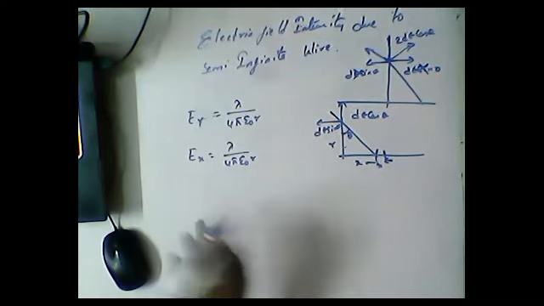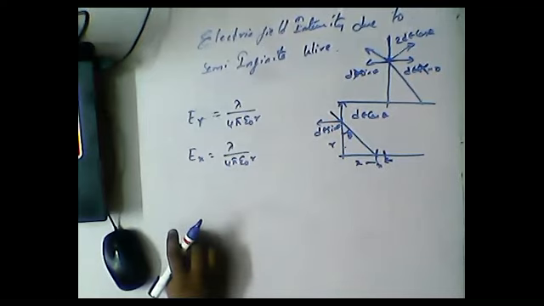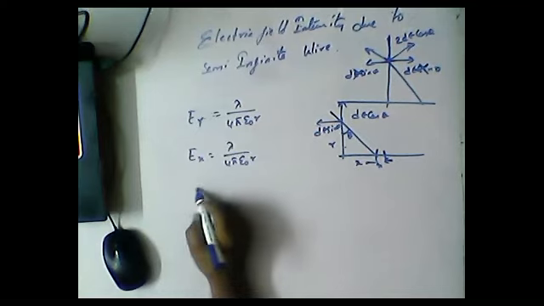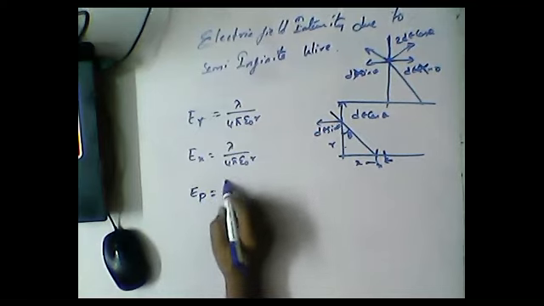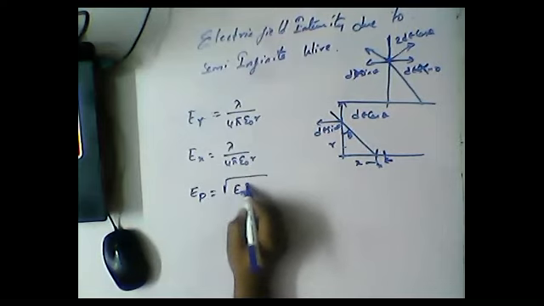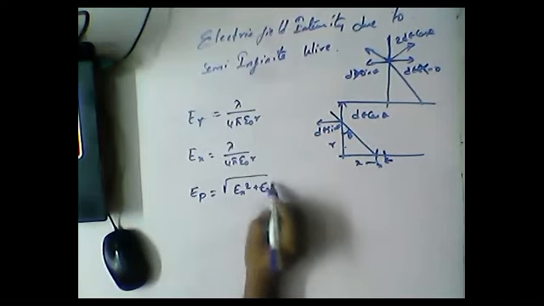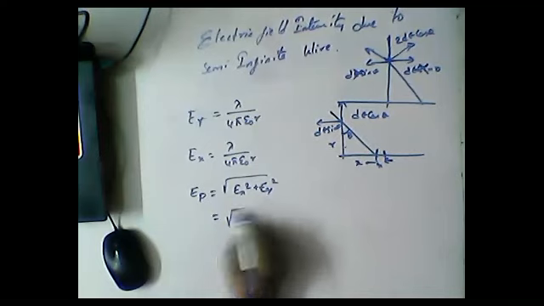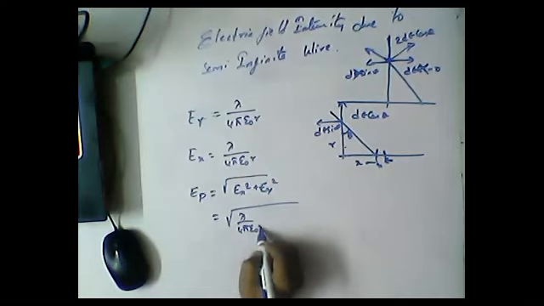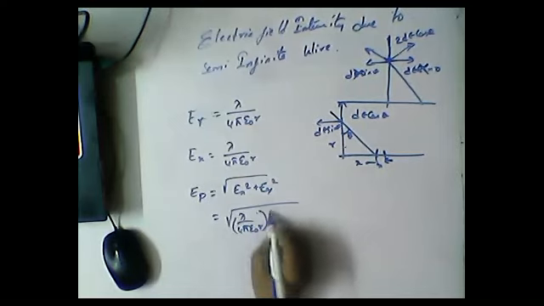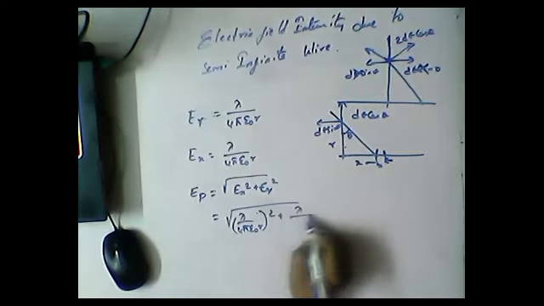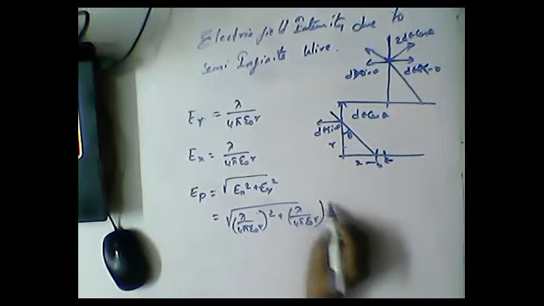But in order to obtain the resultant, we already know that the electric field at that point is equal to square root of Ex square plus Ey square, that is square root of lambda by 4 pi epsilon R whole square plus lambda by 4 pi epsilon R whole square.